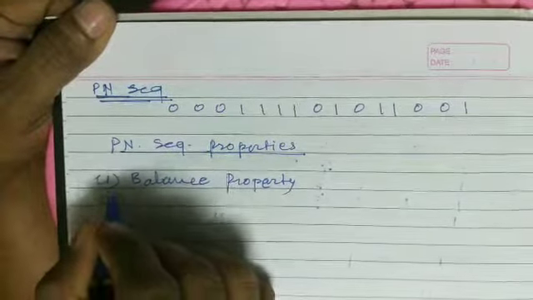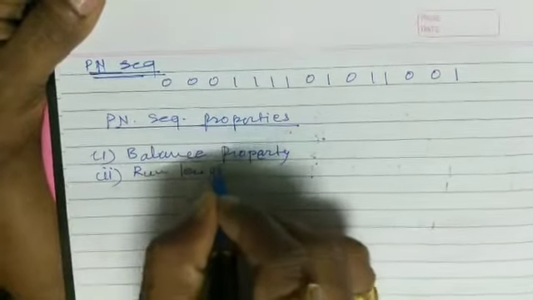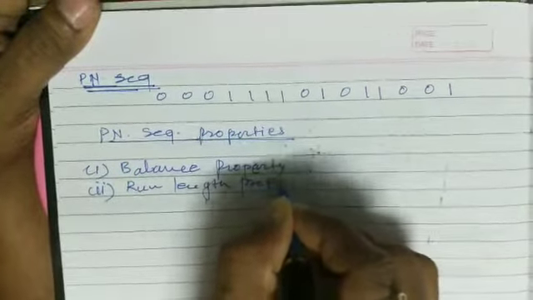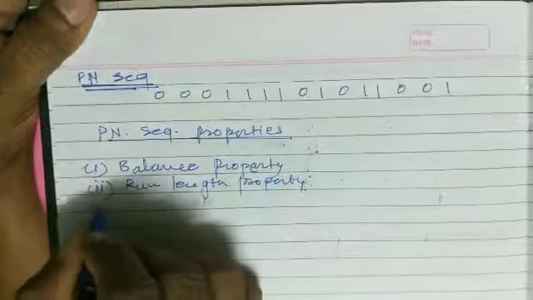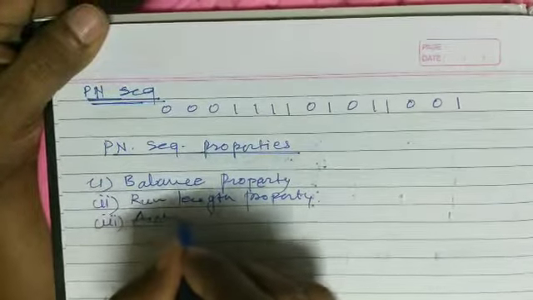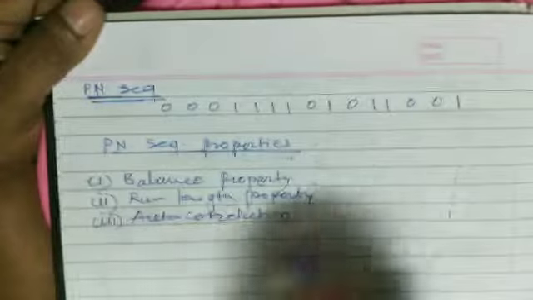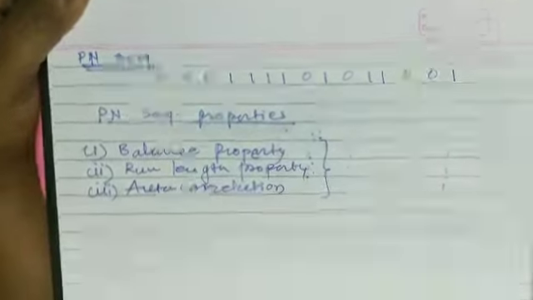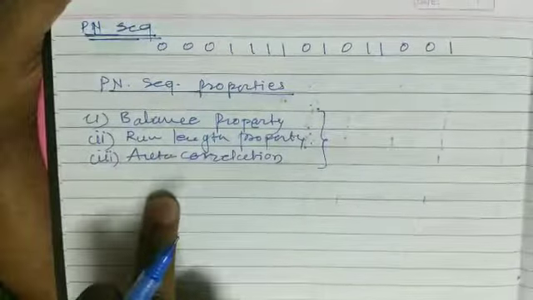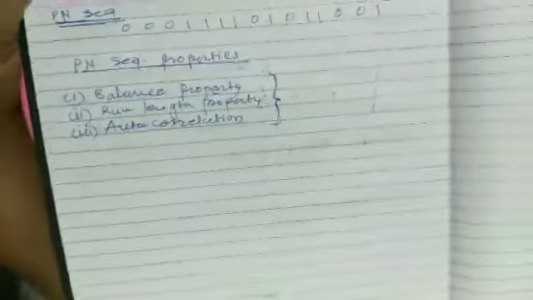The second property is called the run length property. And the third property, which is very important, is called the autocorrelation property. If a PN sequence follows all these 3 properties, then we will get a proper result. So we will discuss these properties one by one.